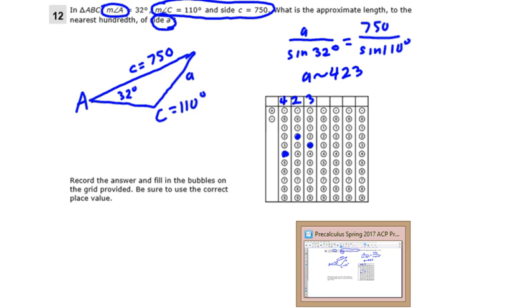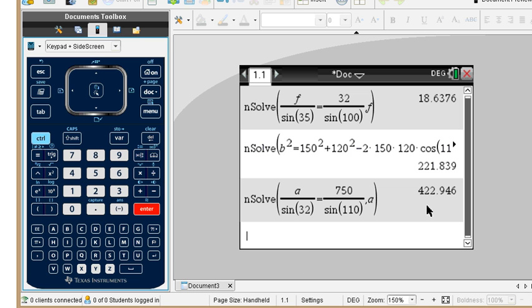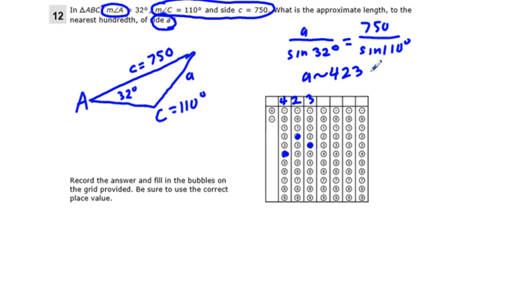So let's go ahead and revise, go to our calculator. It says 422.946, so that's going to be 422.95. Reading the instructions, crucial, crucial, crucial.